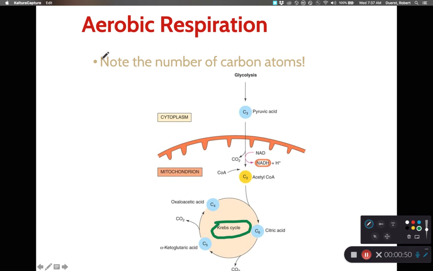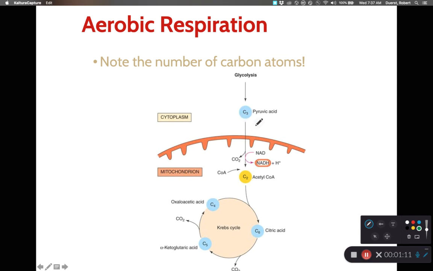Now, let's review. We're referring to aerobic respiration. We have lots of oxygen present. So during aerobic respiration, glycolysis will take one 6-carbon glucose and break it down into two 3-carbon pyruvic acids. So the one glucose gets turned into 2 pyruvic acids.